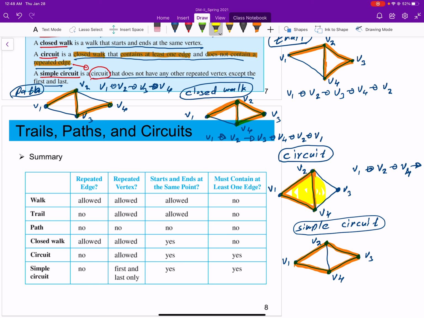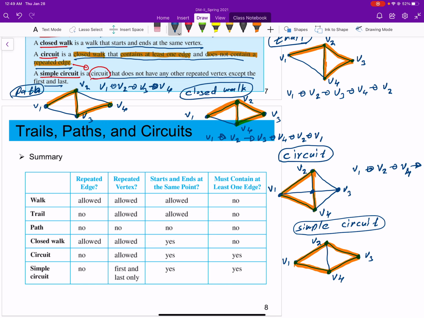It is hard to change, so I have to change the structure here actually. Make it like this. Let me put another edge. Okay, now the problem is complicated. So now I can mark a circuit which is not a simple circuit.